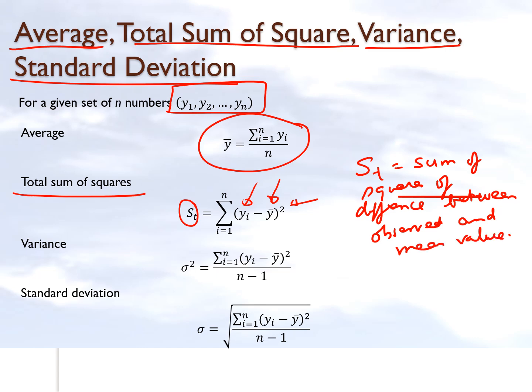The reason why we say that is because when we go into regression, we'll be calculating another sum of squares, and so we want to be able to differentiate between the two. We'll talk about that later, but so we call this the sum of the squares of the difference between the observed values and the mean value.